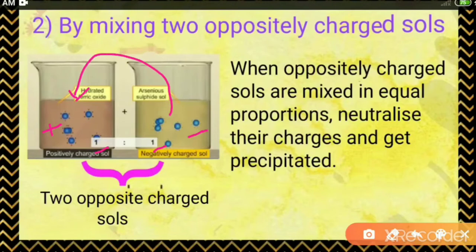That means the charges get neutralized, because one has a positive charge and the other is negative. So when two oppositely charged sols are mixed in equal proportion, it neutralizes their charges. And as we have already discussed, when the charge is removed, the particles will come closer. That means these get precipitated, or we can say coagulated.